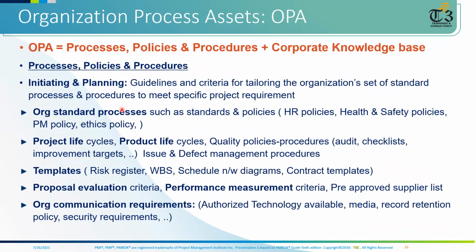In terms of OPAs for other projects, in initiating and planning it contains organizational standards for HR policy, health policy, and safety policy. Project life cycles will determine which type of projects will be done with which type of life cycles.